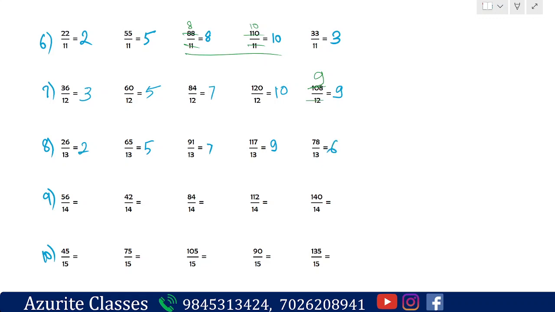So explain these two questions. How did you do? These underlined two. 13 how many is? Yes, that is why the answers, right? Very good. Okay, next roll number.